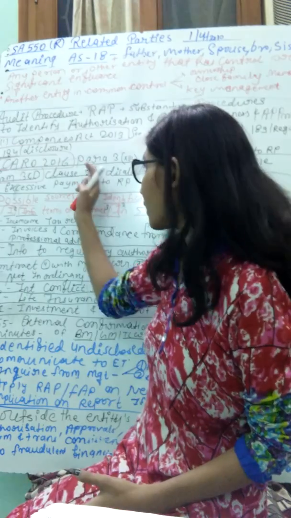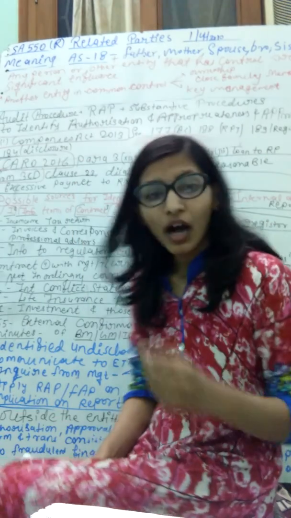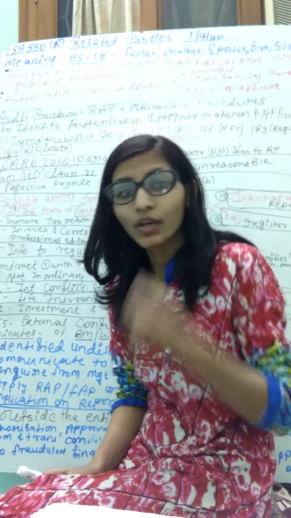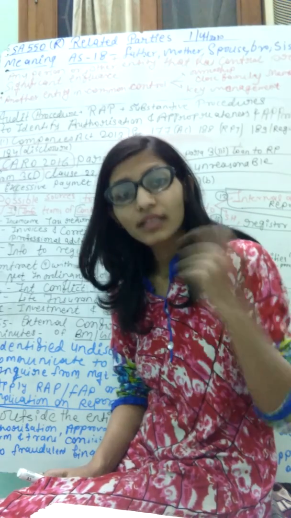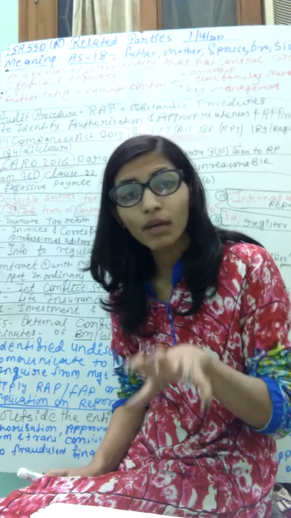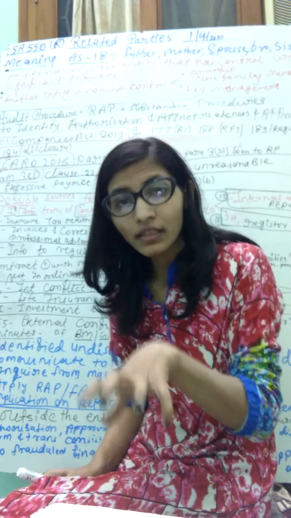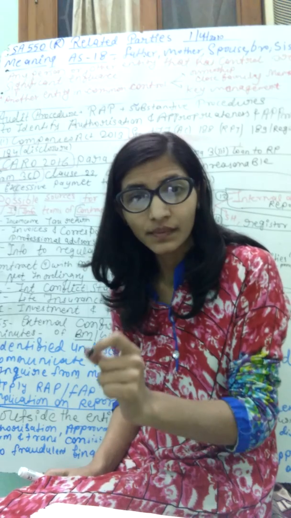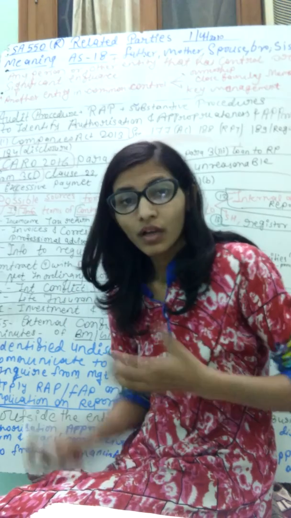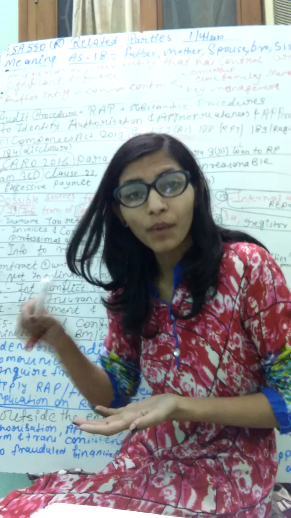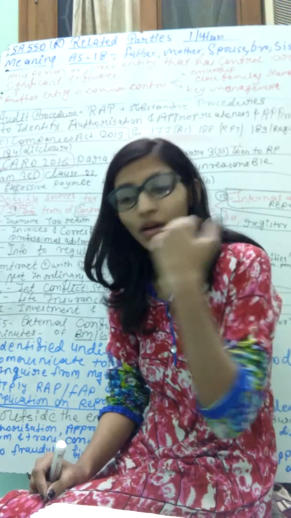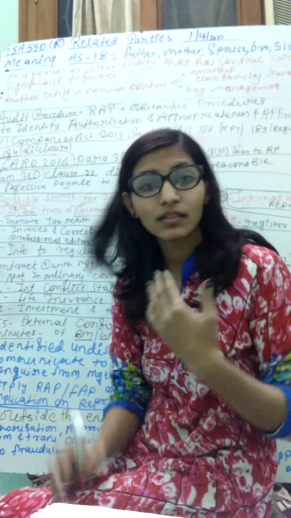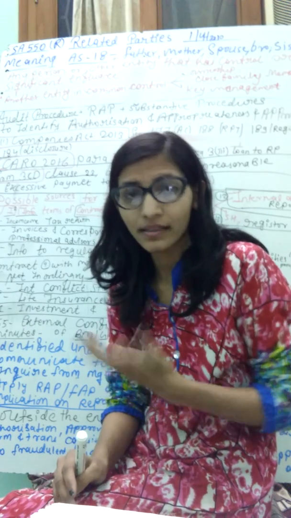Then CARO 2016, the Companies (Auditor's Report) Order 2016, also talks about related parties in para 3 clause 13, where as an auditor we should report on the applicable section 177 and 188 compliances.